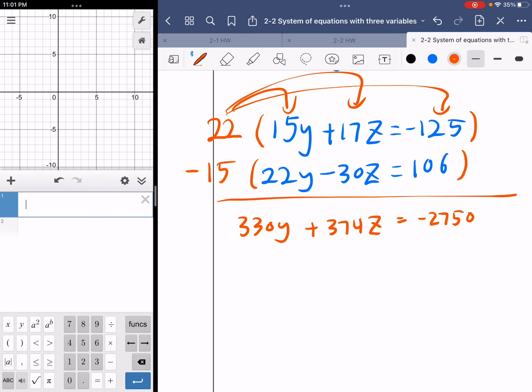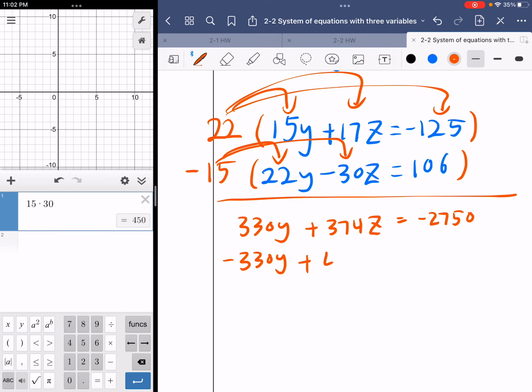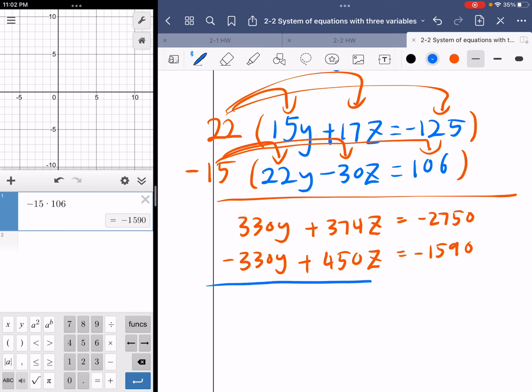Okay. Now negative 15 times 22 should be negative 330y. Negative 15 times negative 30 should be positive 450. Why is it positive? Because negative times negative gives you positive. It's the same sign. Negative 15 times 106 is negative 1590. Ooh, it's huge numbers, right? But it's easy. It's nothing difficult.